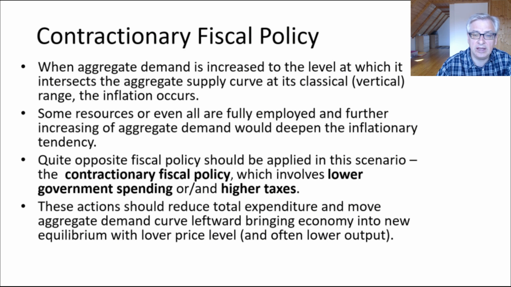We do not have any further increase in the output because we already produce potential GDP, but we see higher levels of prices. So we can bring this aggregate demand down by imposing higher taxes or cutting down government expenditures. That would shift aggregate demand to the left, and it would help fighting inflation.